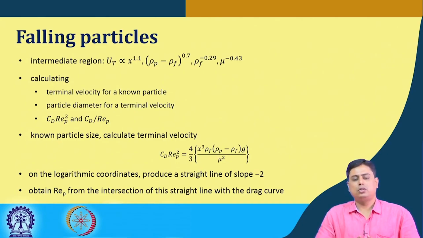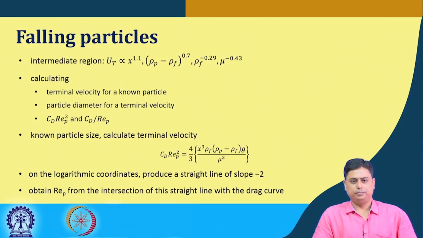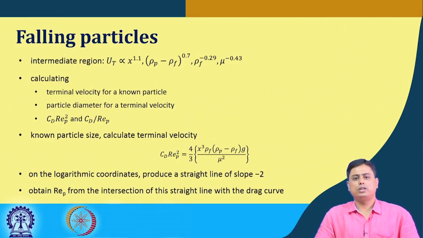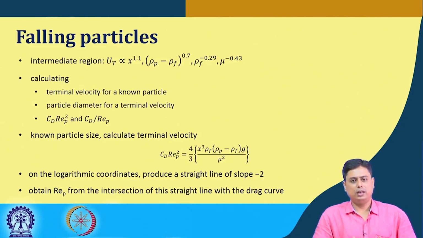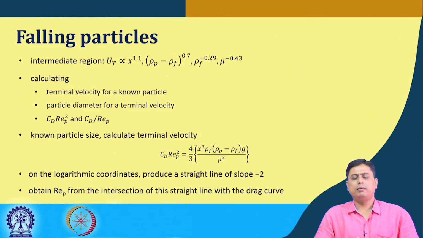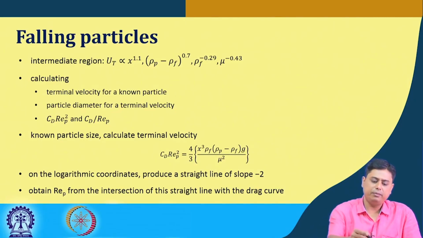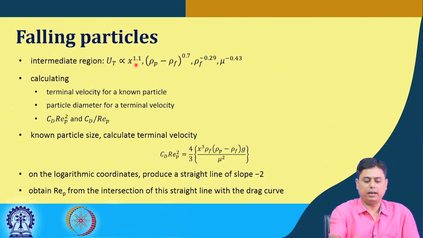In the Stokes region and the Newton's law region, the calculation of CD, the coefficient of drag, was pretty easy, as there are established correlations that help us estimate the drag coefficient in both regions. But in the intermediate region, it is fairly complex, and after several experiments, researchers have come up with various correlations that broadly can be categorized in this manner: the terminal velocity in the intermediate region is proportional to the particle diameter to the power 1.1, and the relative density to the power 0.7.